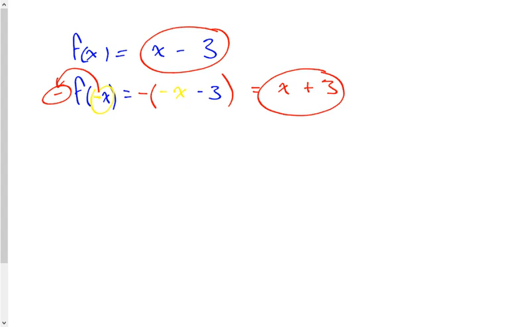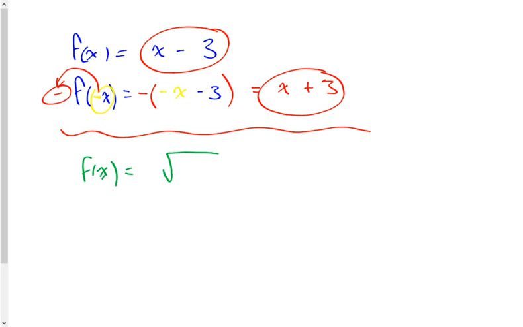Or, suppose we had something a little bit different. What if I had f of x equals the square root of negative x? First of all, does this exist? If x is negative 9, can I square root the negative of negative 9? I can. So this is a function that exists. There's a restriction on the domain.